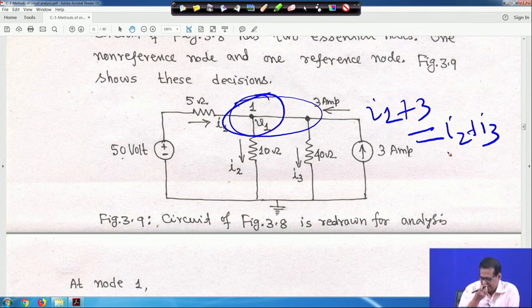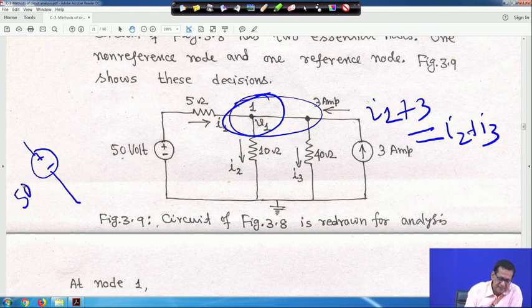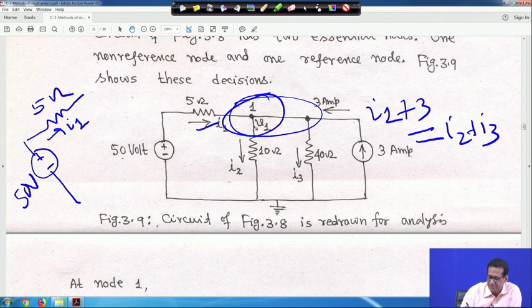Just for finding out I1, as I told you in the previous two examples also, take this separately, I am making it for your understanding. This is plus minus, this is 50 volt, and you have a 5 ohm resistance, current is your I1, and this voltage is V1 with respect to this reference, this is your reference.